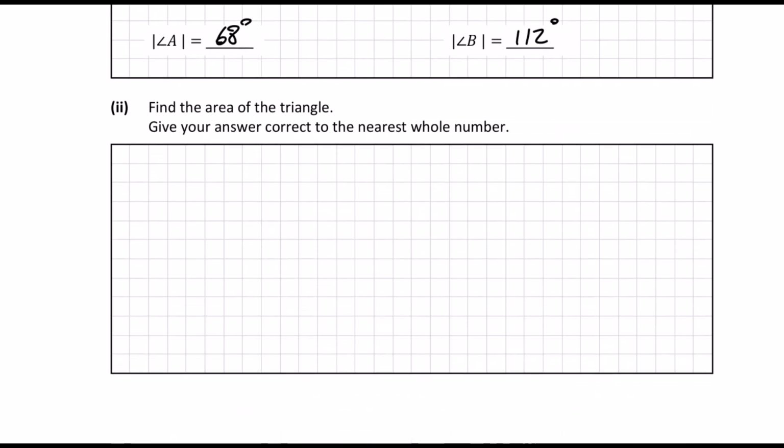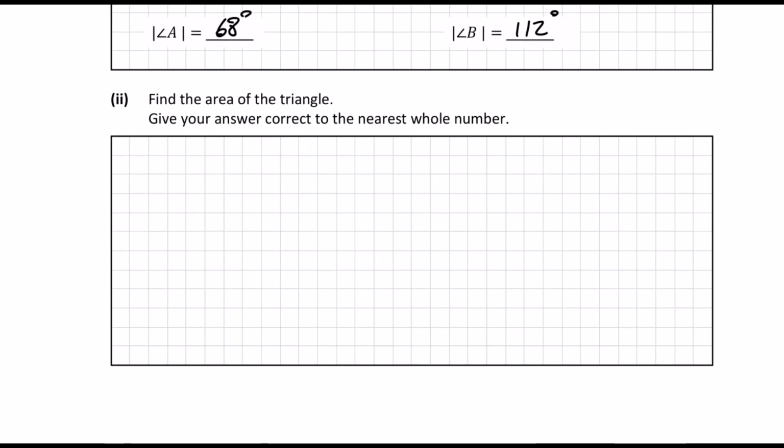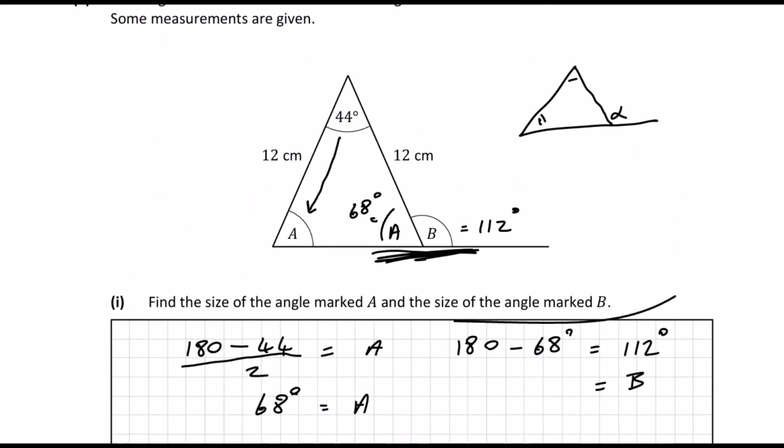Find the area of the triangle, give your answer correct to the nearest whole number. So in this triangle here, we have 2 sides, 12, and we have an enclosed angle. We have the angle enclosed by these 2 sides, so that should immediately tell you that you need to use the area formula, which is half ab sine C. So it's half of 12 times sine 44.